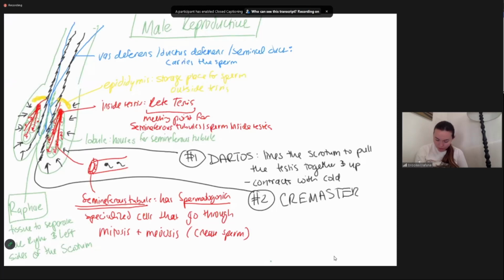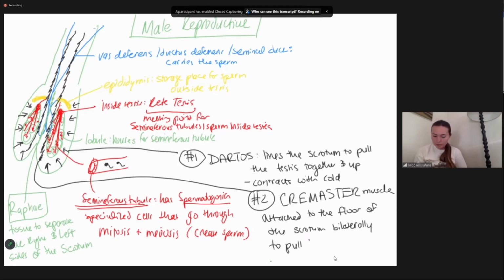So this is also a muscle, and it is attached to the floor of the scrotum, bilaterally, on each side, to pull the testes up. Same thing: when would it contract? It would contract with cold. When would it be relaxed? It would be relaxed with heat, to keep the sperm from getting too hot or too cold.